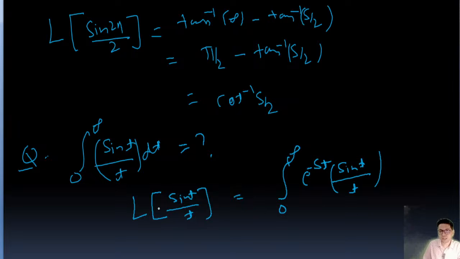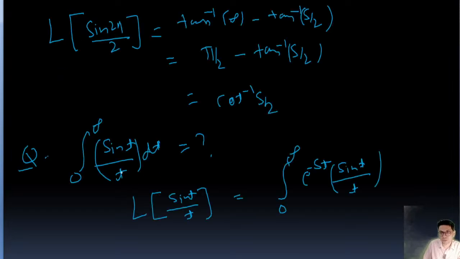Next, we find the Laplace transform of sin t upon t. We know that it is integration from s to infinity of F(s). Here F(s) is the Laplace transform of sin t, which is 1 upon s square plus 1.